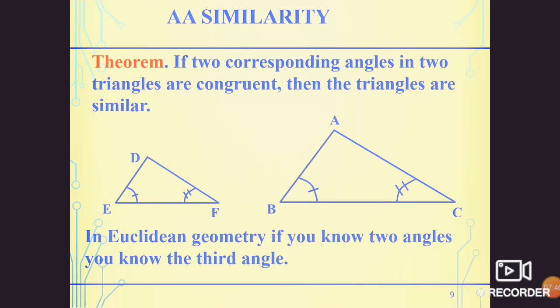So if we have two different triangles where two angles are 90 and 45, and in the other also we have 90 and 45, obviously the third angle for both the triangles will be 45, right? So we do not have to calculate, it's quite obvious by angle property theorem.